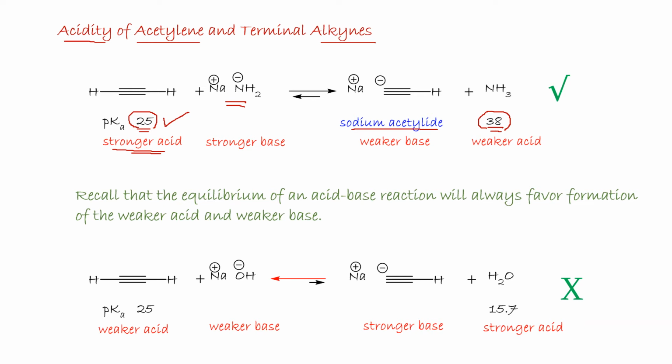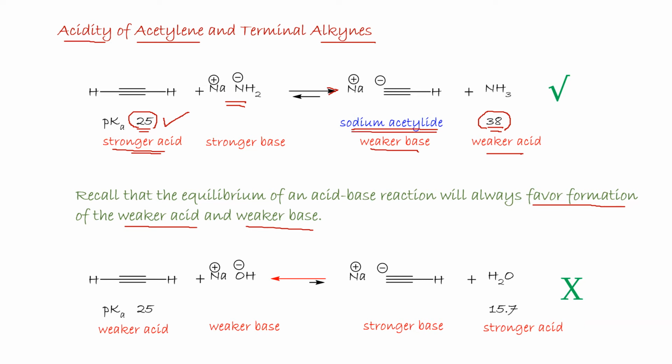Recall that the equilibrium of an acid-base reaction will always favor the formation of the weaker acid and weaker base. Here we have the weaker acid and base on the right-hand side, so the equilibrium will shift this way with the formation of sodium acetylide.